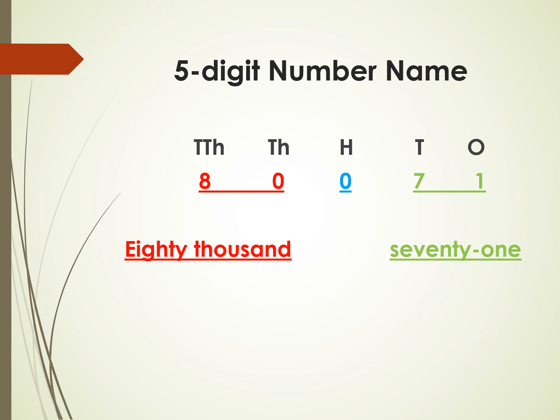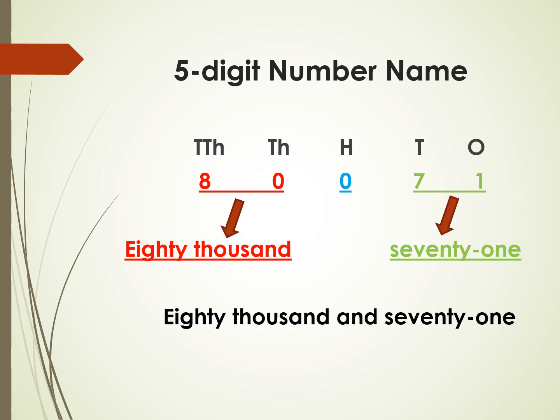Hundreds column has value 0, so it will not be written. Tens and ones column will be named 71. So the number name will be 80,071.